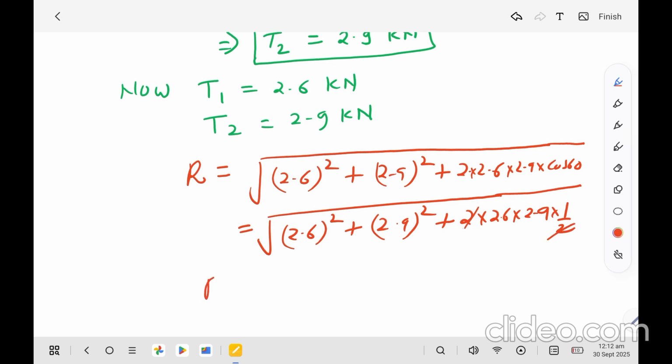Okay, so after solving this, R will be around 8 kilonewton.